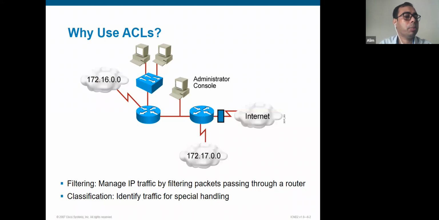But on top of that, if you want to allow or disallow a specific IP address, for example, in this slide, you can see the 172.16.0.0 network, or the 172.17.0.0 subnet, the subnet mask is missing, however.